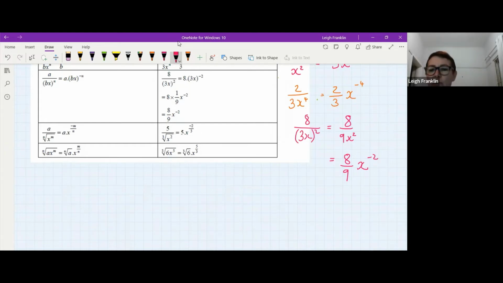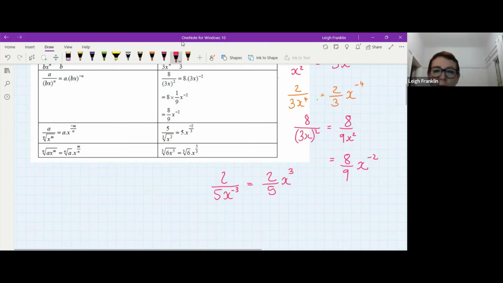By the way, with all of these that I've done so far, if they gave you something like 2 over 5x to the minus 3, not that you generally see that, but this you would write as 2 over 5, take the x to the top, and change the sign of the exponent.